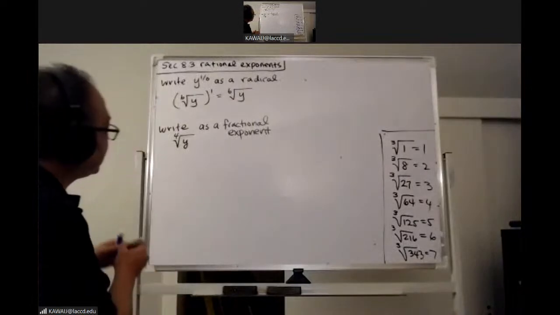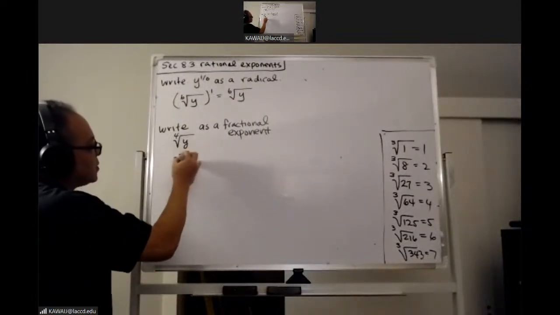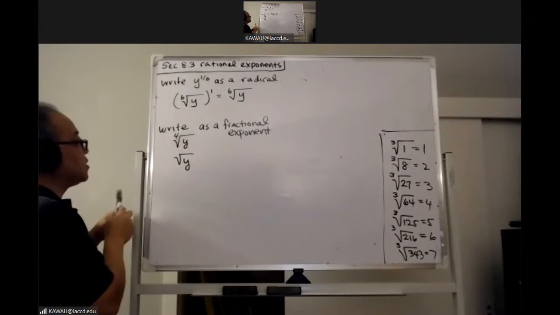So the way you want to think about this is that even though it's not there, there's an exponent here, and that exponent is a 1.